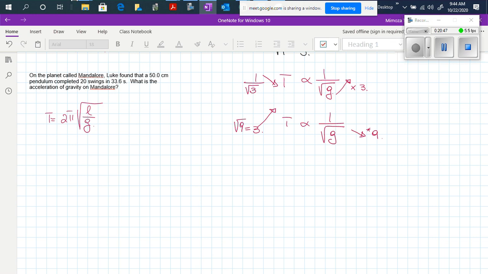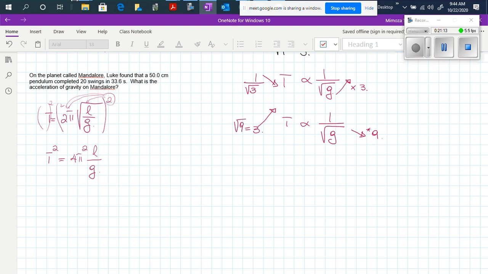So since we have the square root, we square both sides. And the squaring is affecting everything in the formula. So then we will have T squared is equal to 2 to the power of 2, which is 4, π squared, and then we have L over g.